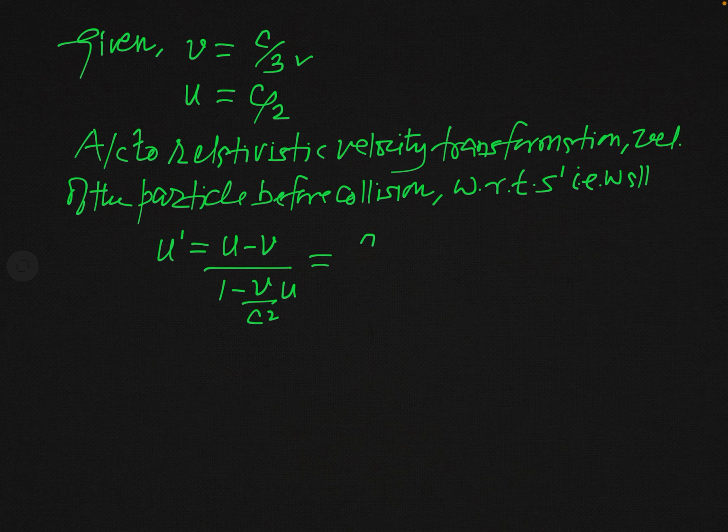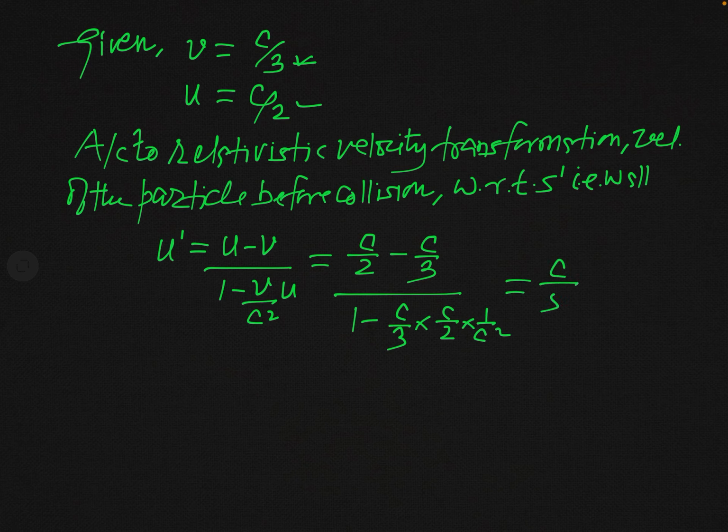You can see u is equal to c by 2 and v is equal to c by 3, and divided by 1 minus v, which is c by 3, u is c by 2, into 1 over c square. When we simplify it, we will find that this is equal to c over 5.